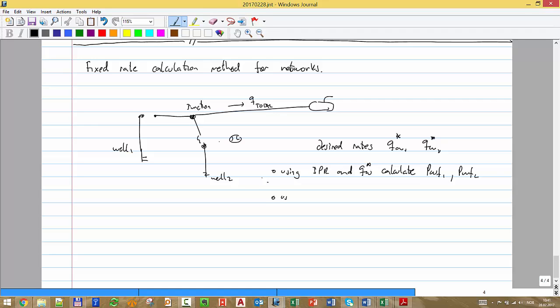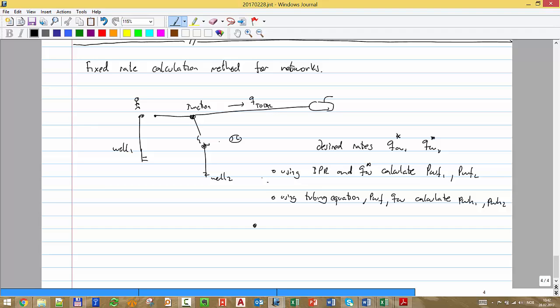Now, using the tubing equation, PWF and Q well, calculate P wellhead 1 and P wellhead 2, right? And I stop. That's where my equilibrium point stops, exactly here. Now I'm standing at that point. Now I go counter current all the way to that point.